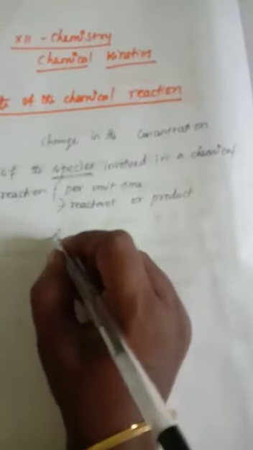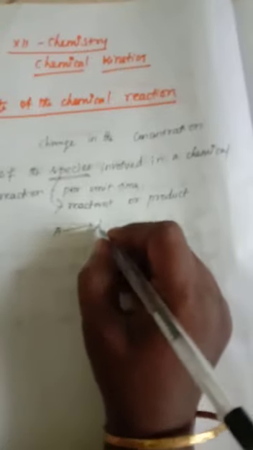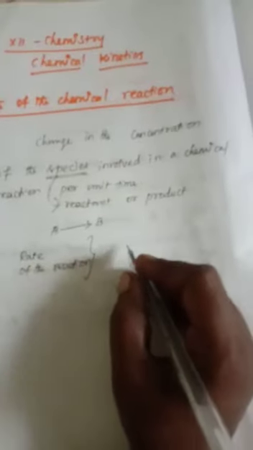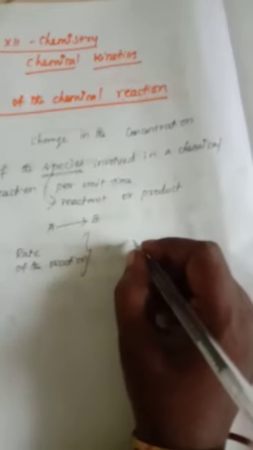Let us consider this particular general reaction. A is the reactant which gives the product B. Then rate of this reaction can be expressed as change in the concentration. In the form of reactant, I can write this.